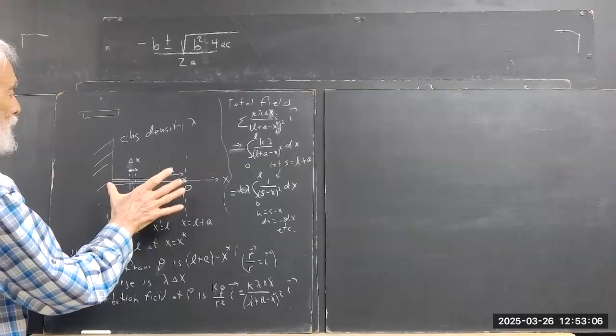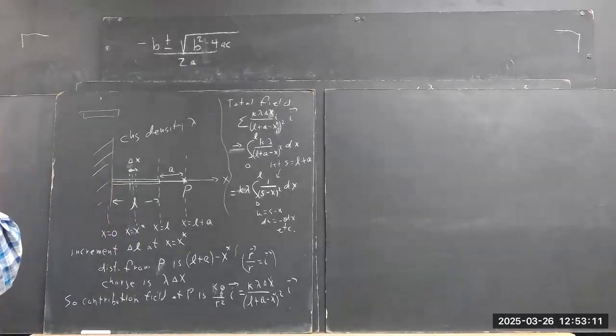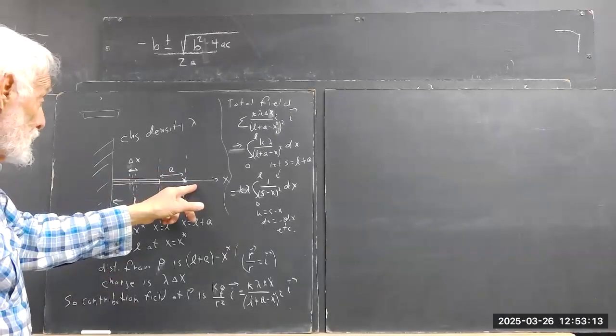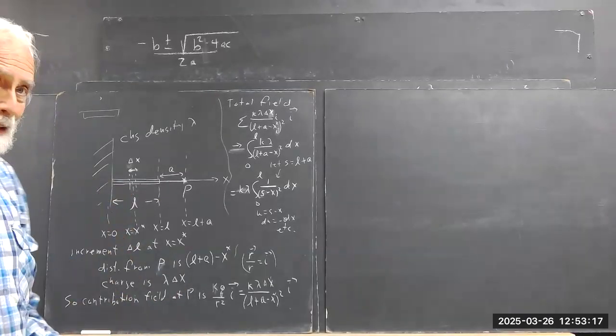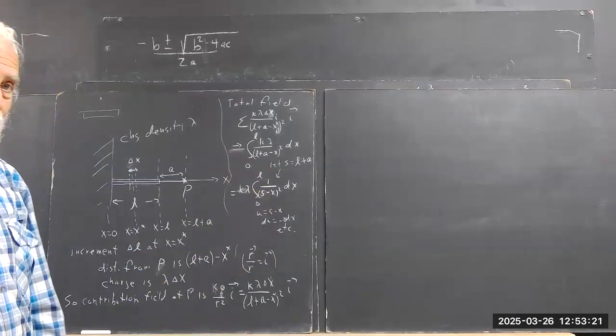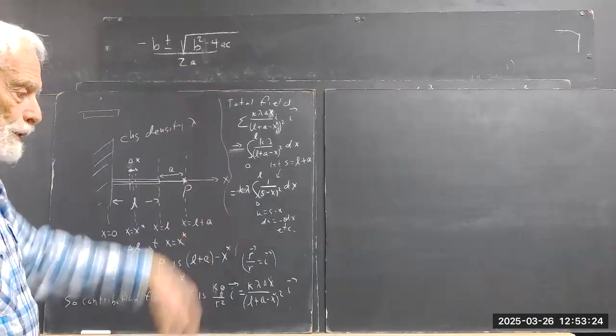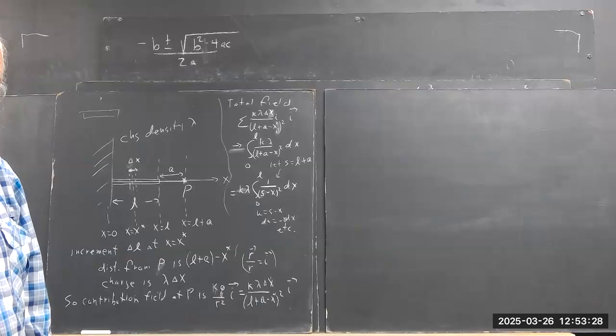So this is this minus this. Okay. And this is L plus A, and this is X star, okay, which became X when we did the Riemann sum thing, which we waved our hands over.